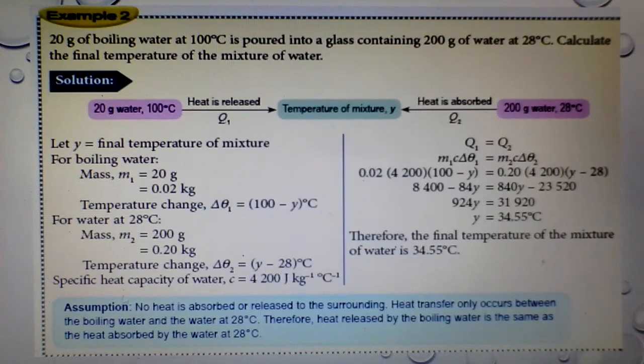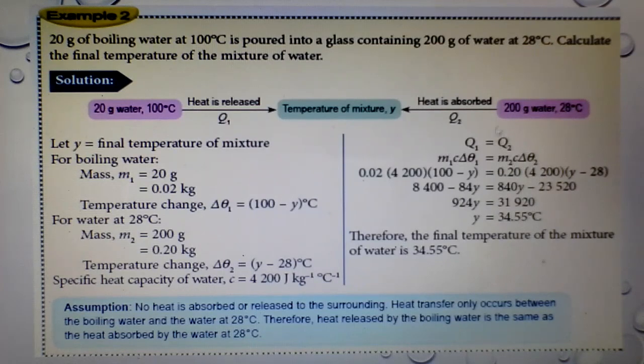The assumption that needs to be made in order to solve this problem is that no heat is lost to the surrounding. Meaning heat released by 20 gram of water equals heat absorbed by 200 gram of water. Then we can write Q1 equals Q2. Q1 is m1 c1 delta theta 1, Q2 is m2 c2 delta theta 2.